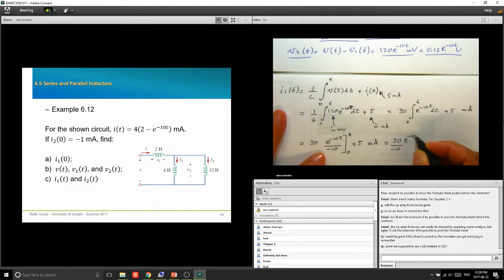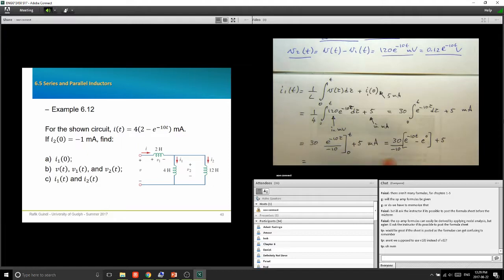Negative 10t, minus e, plus 5. So here I have minus 3 times e to the negative 10t minus 1, plus 5 milliamps.